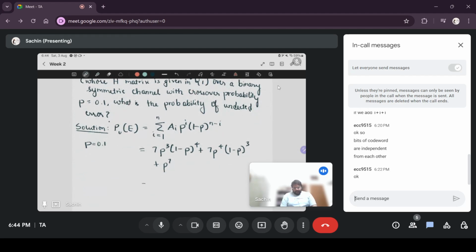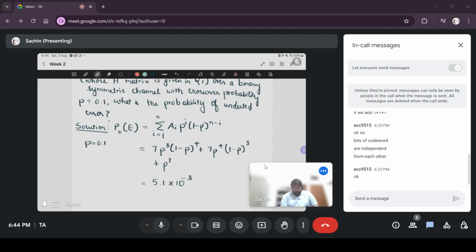You can substitute the value for p as 0.1 and calculate and verify. I'll give you the answer. It will turn out to be 5.1 into 10 power of minus 3. You can calculate it yourself and verify whether you get this value.